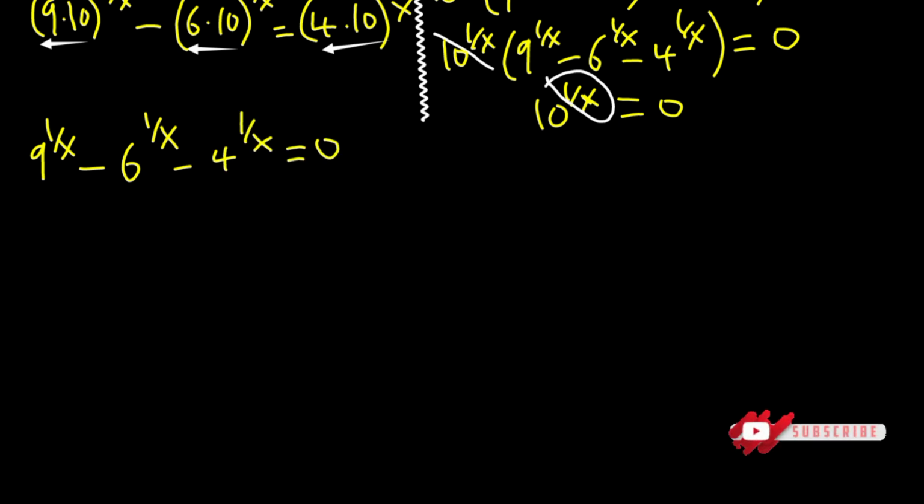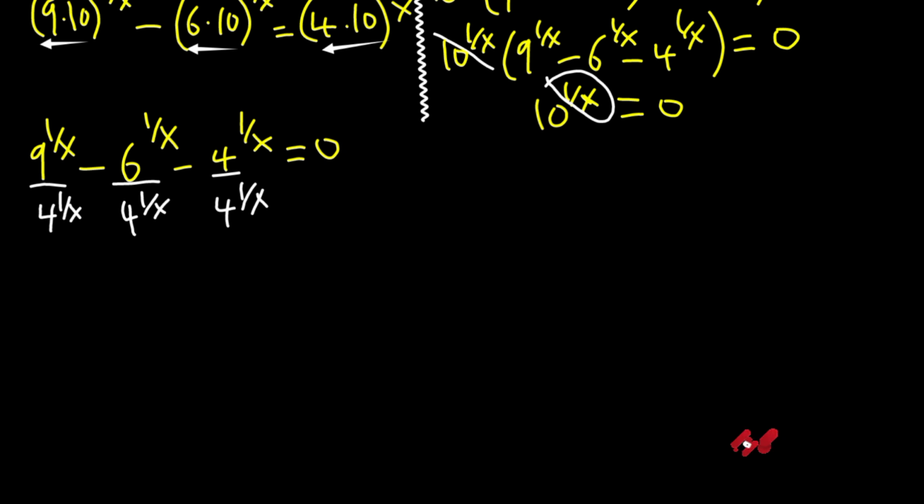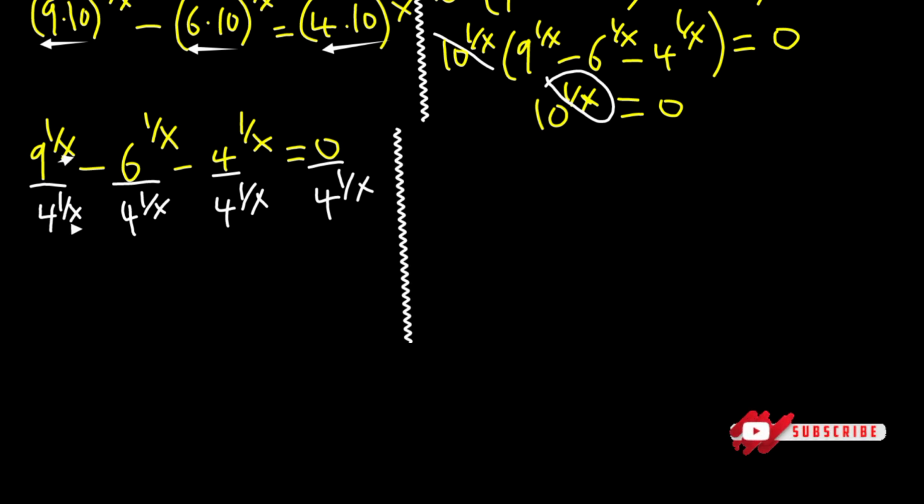Now here we're going to be doing something very brilliant. We'll be dividing through by 4 to the power of 1 over x. If you can guess why, that's very good. But this is going to make our equation easier to evaluate. Now, after doing this, since they have the exact same power, we can use the law of indices to group them together.